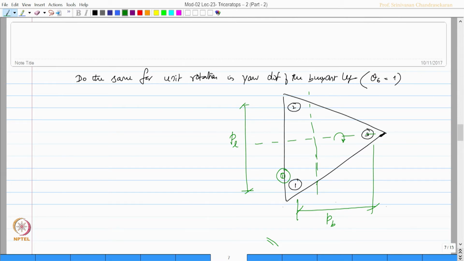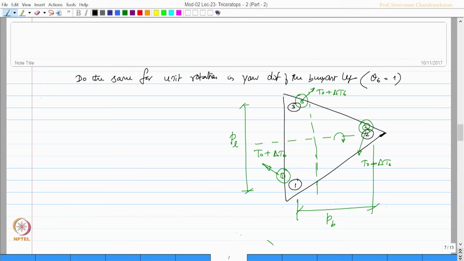Let us call this leg 3 and this leg 2. So, the new legs 1, 3 and 2 will now have new tension, which is T0 plus delta T6.